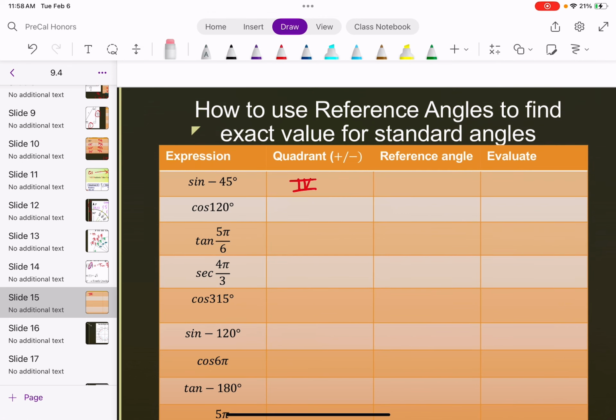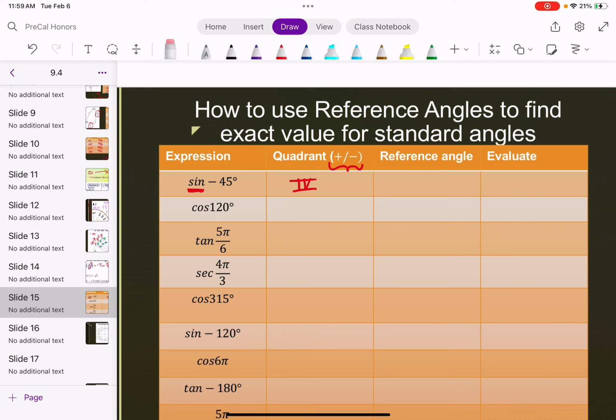Let's take a look at whether it is positive or negative. When they are referring to the positive and negative state of this problem, they are referring to the sign.